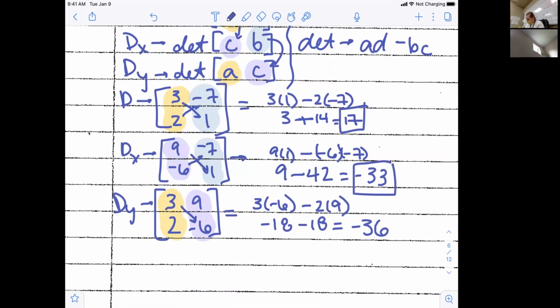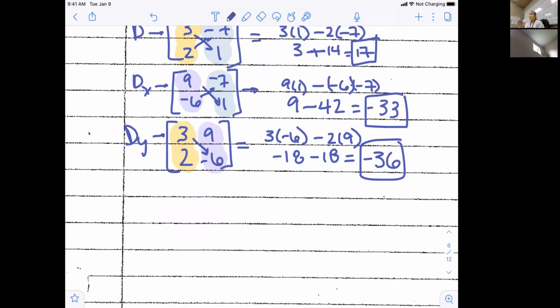Okay, we needed these 3 numbers, and I've seen this taught different ways, but I thought it was really simple to find the numbers and then later use them. I told you the whole point was to find x and y, right? The whole point is to solve for my variables. Using Cramer's rule, x is equal to dx divided by d. I just found dx, right?